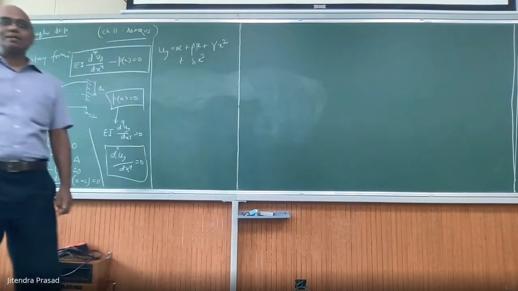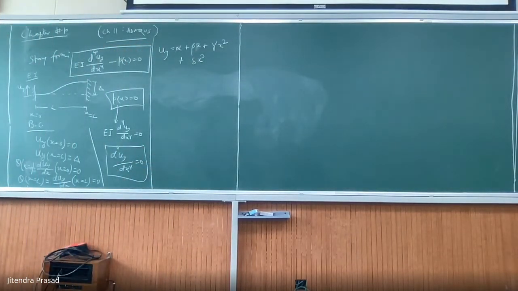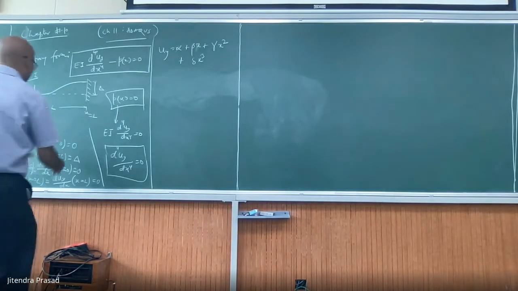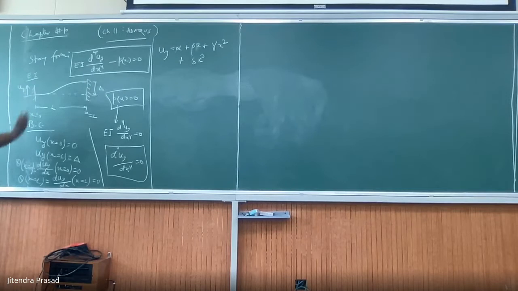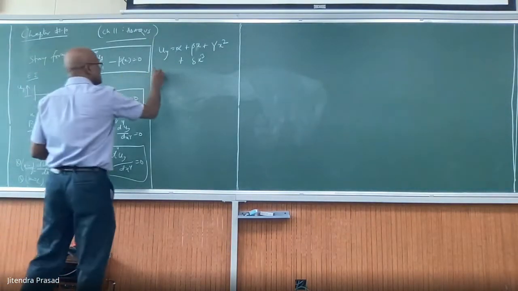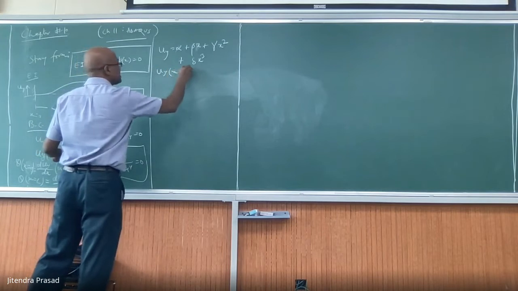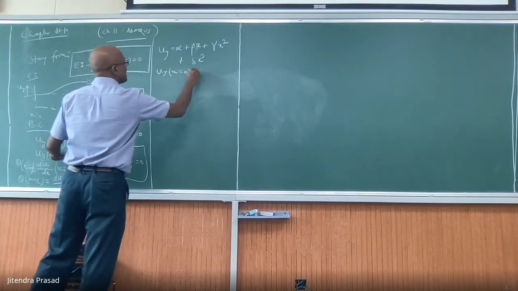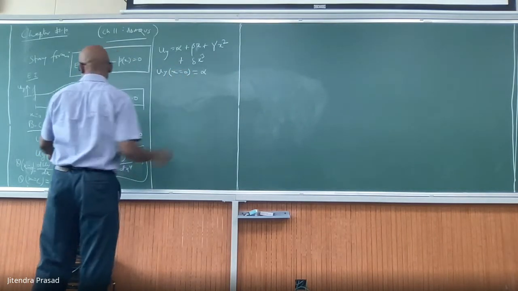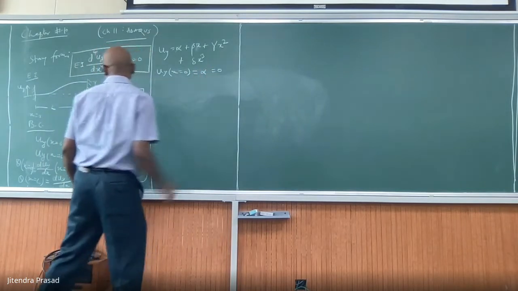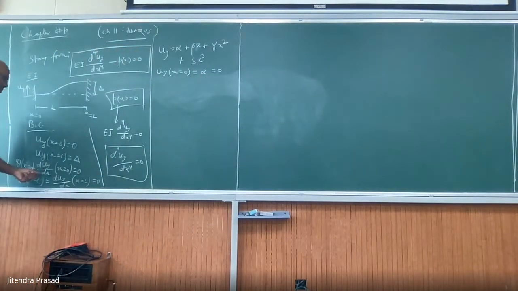Will there be any other power of x? You have 4 boundary conditions you can apply over it to find out the values. So Ui at x equal to 0, you apply there, and that becomes alpha, which is equal to 0. So you get alpha equal to 0. Now from the third one.